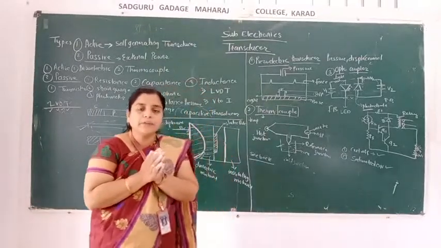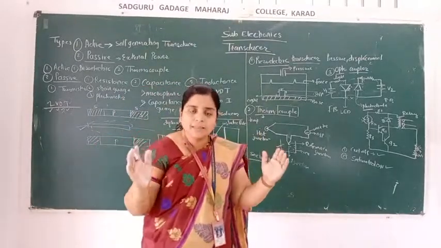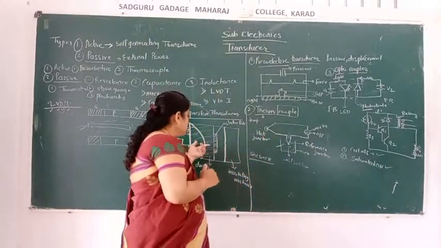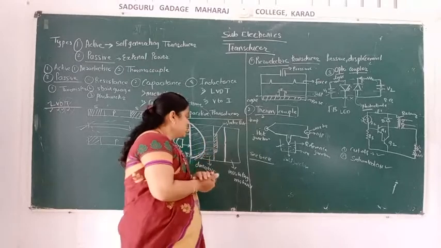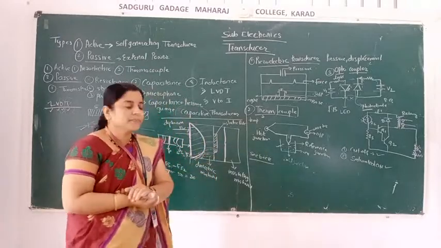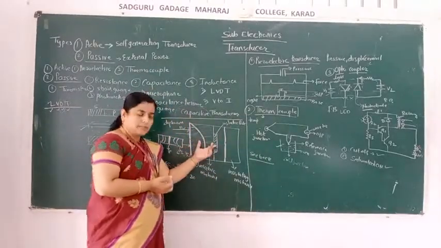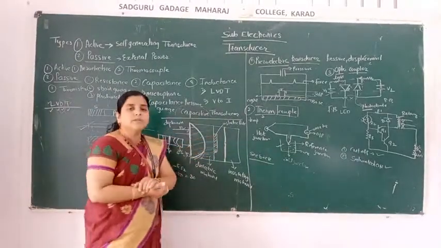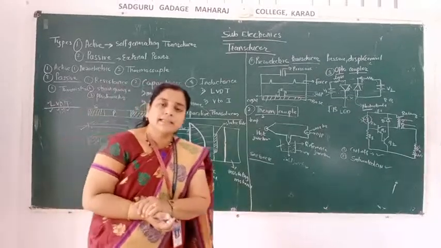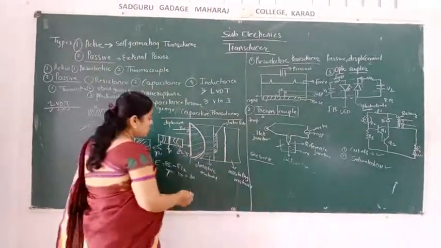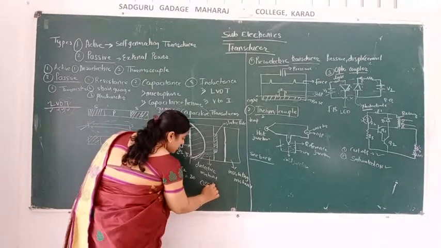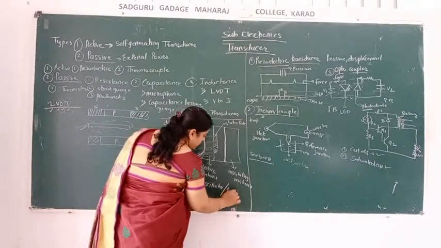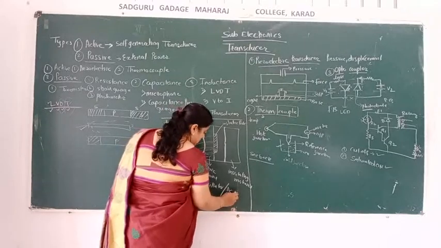If the distance between the two parallel plates is maximum, then what happens? It gives a maximum frequency, and that is measured by the oscillator circuit, or it is also measured by an AC circuit.